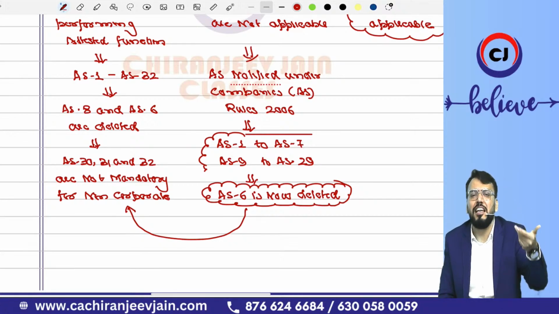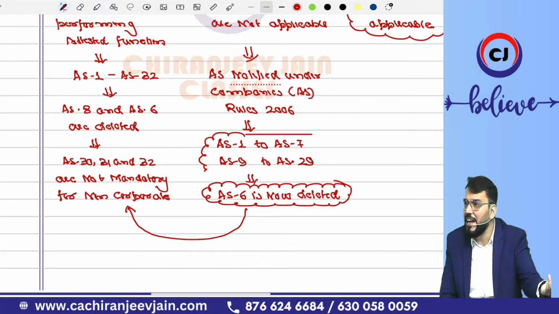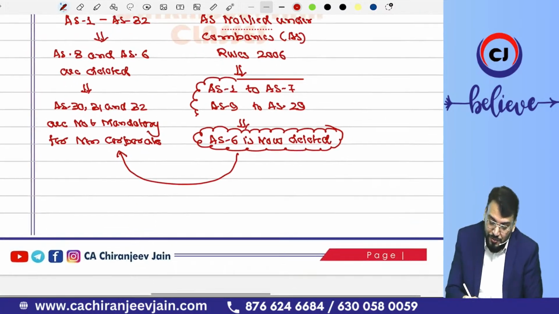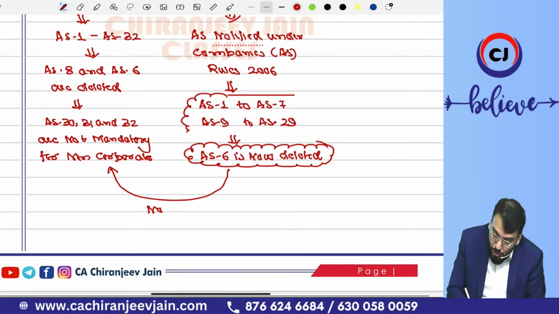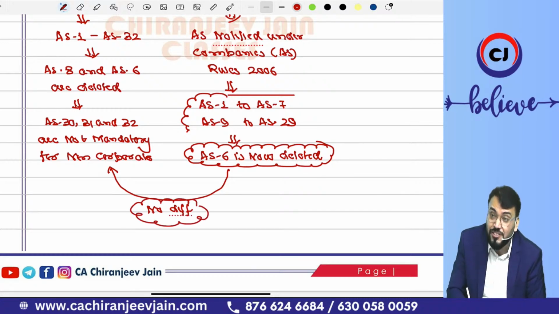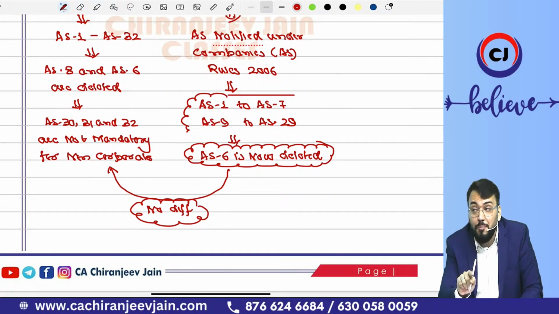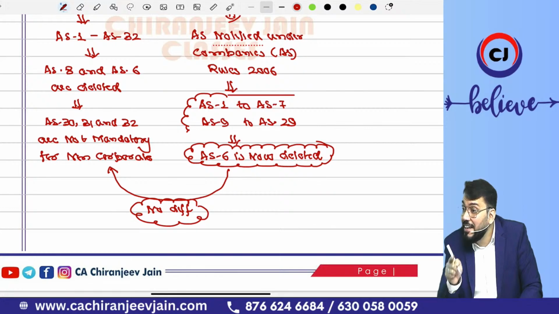Even though there is no difference, for a company you can't say we are applying AS issued by ICAI. You need to say for companies we are applying AS notified under Companies Accounting Standard Rules 2006.